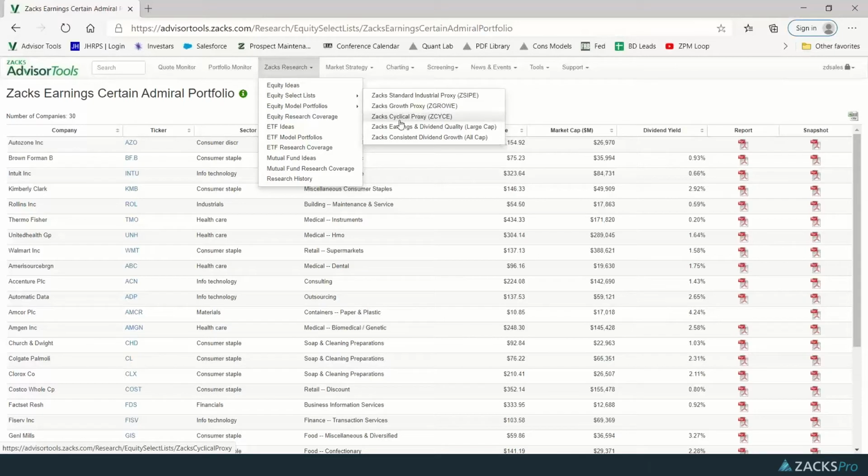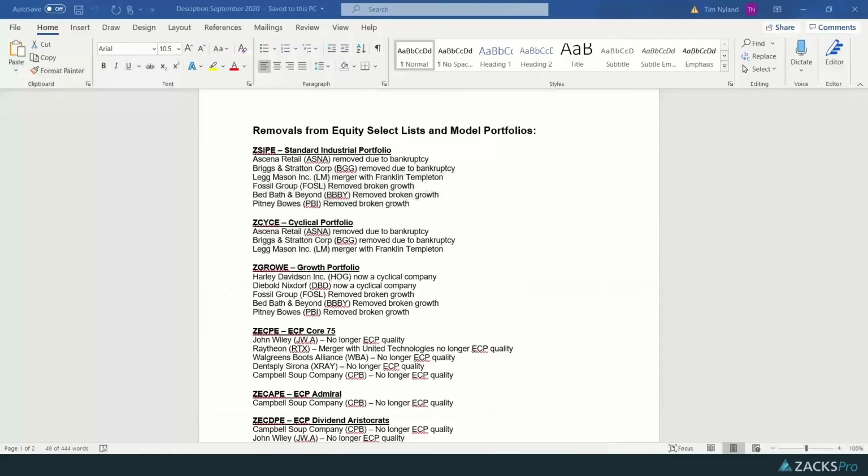I know that Goldman Sachs, Morgan Stanley, everybody has been coming out recently saying, increase your exposure to value names, the cyclically, economically sensitive names in our economy. And everyone gets free access to this list of cyclical names. So please use it.